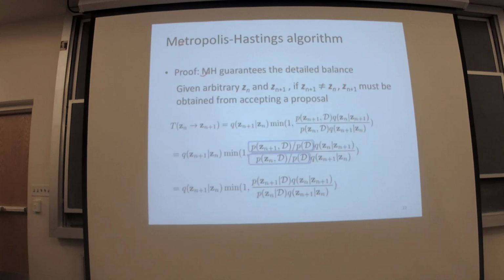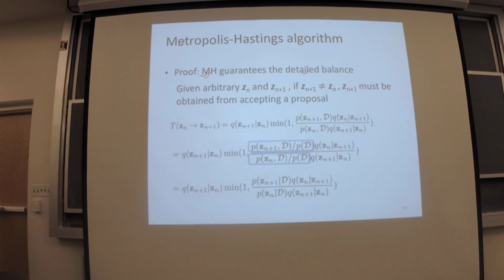So how to improve? Metropolis-Hastings satisfies the detailed balance, right? So we need to recover this transition kernel. Remember, the proposal distribution is not the transition kernel. The transition kernel is the probability that you jump from this to that, right?